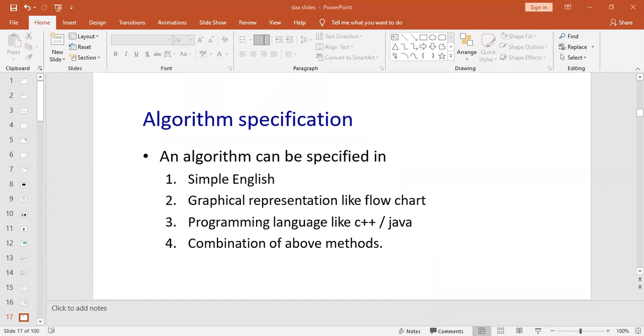How many phases of algorithm are there? Which are those? Kindly type. Design, analysis, implement and experiment. Okay, good.